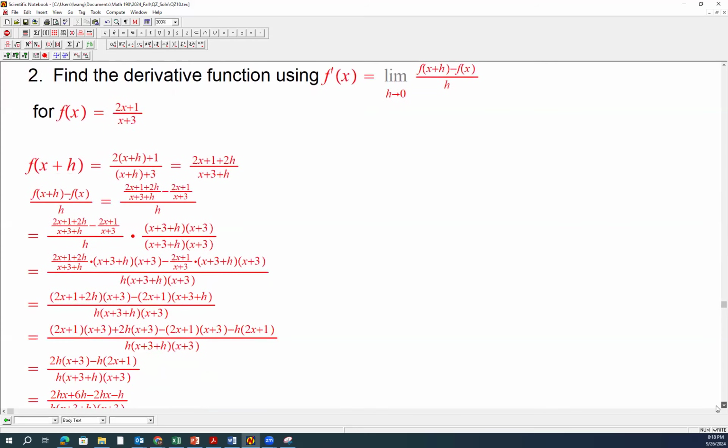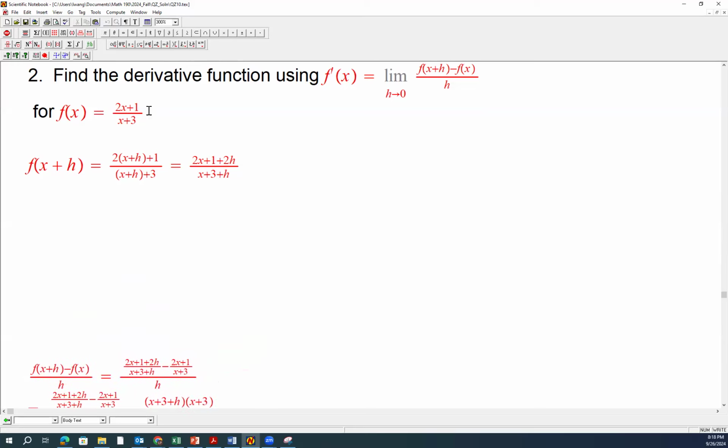The second question is to find the derivative function. So the formula is given. The function we're going to be working with is a rational function. Please continue to work with me with paper and pencil.